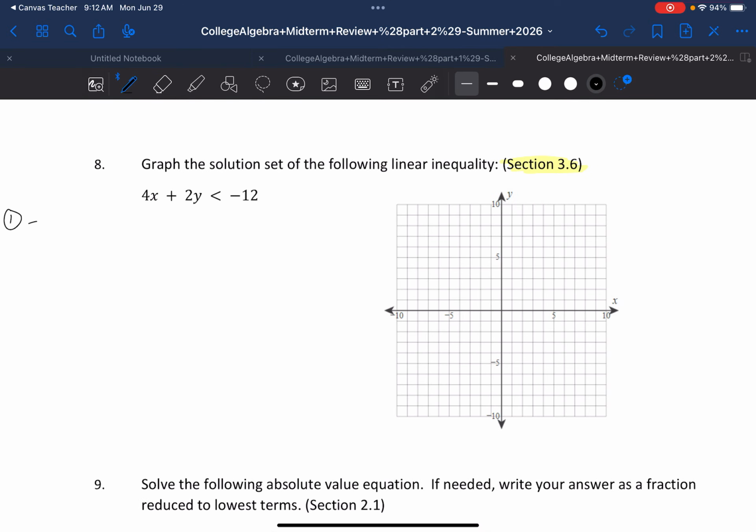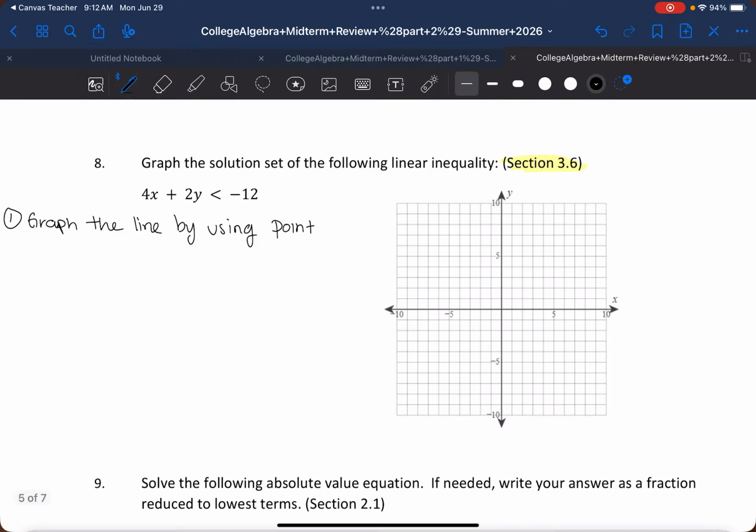So I'm going to graph it by using the point or the slope-intercept form. So I can go over how to do that. But you could also make an XY table and find 2 points. So first I'm going to solve for y.